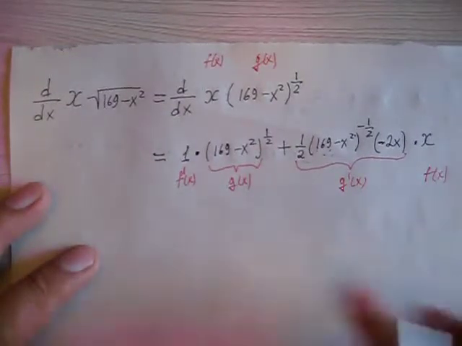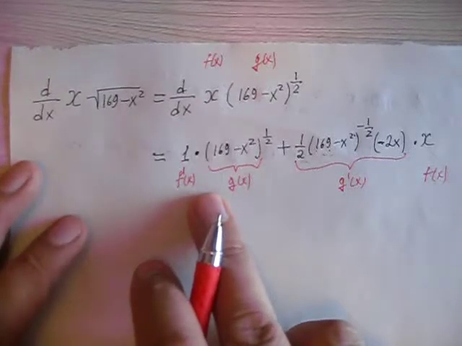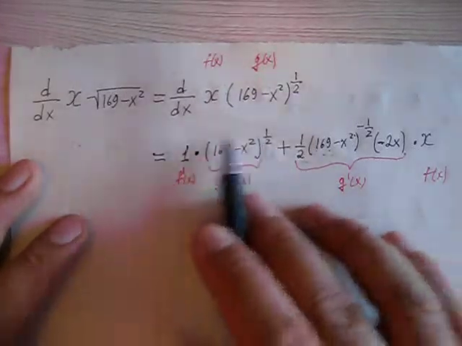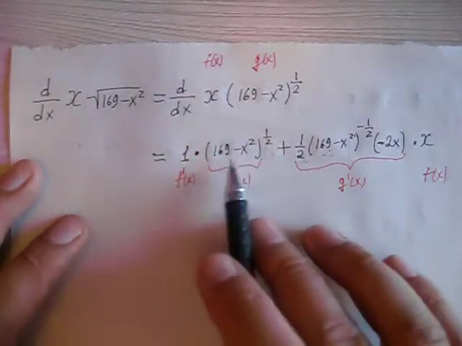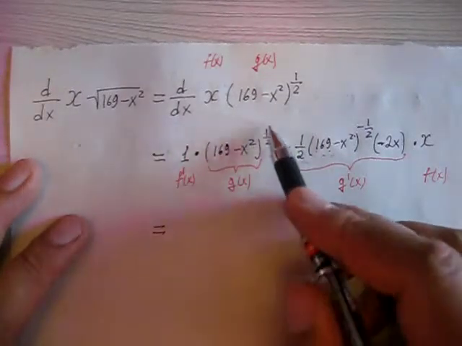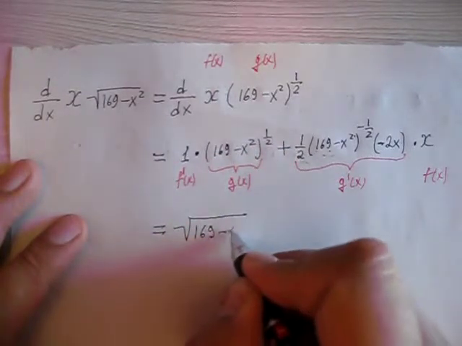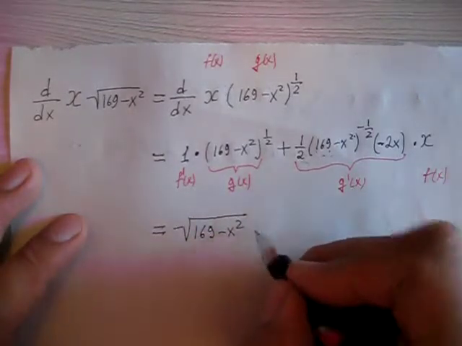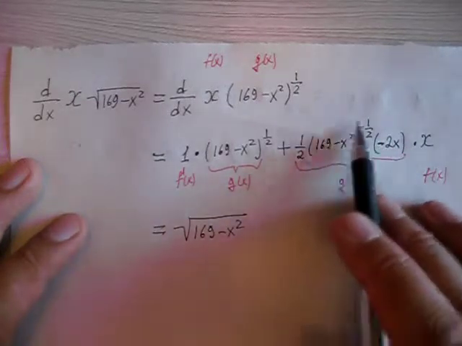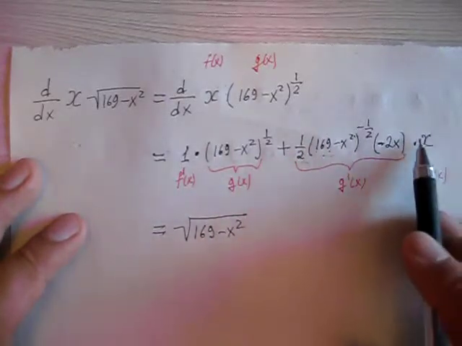As you can see, in the first term of the expression we cannot simplify anything, so we just rewrite our function. So 1 times this expression will be the same expression, and we can rewrite this 1/2 as a square root: the square root of 169 minus x squared. And in the second term, we are multiplying minus 2 to this expression and to x.